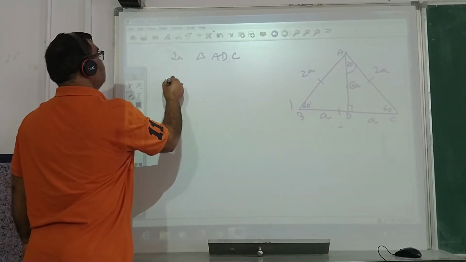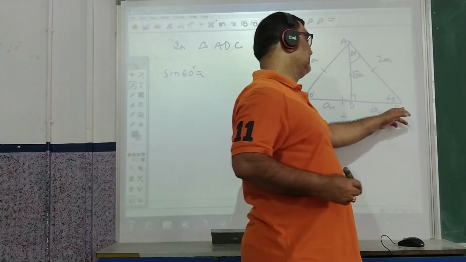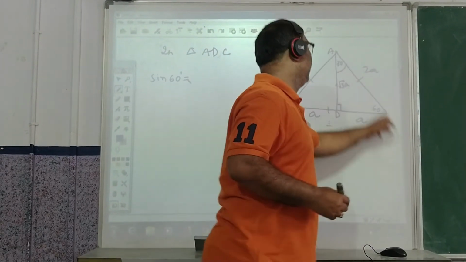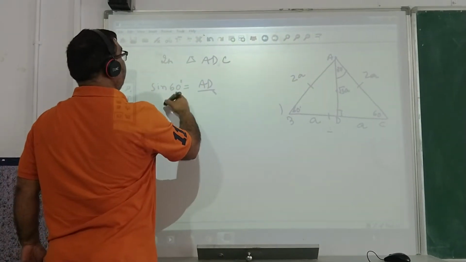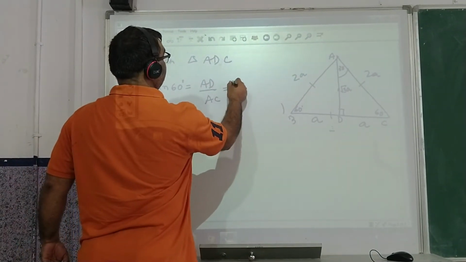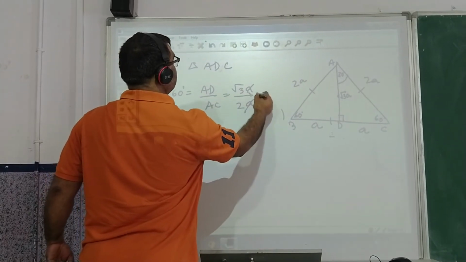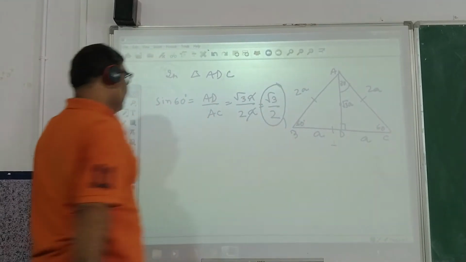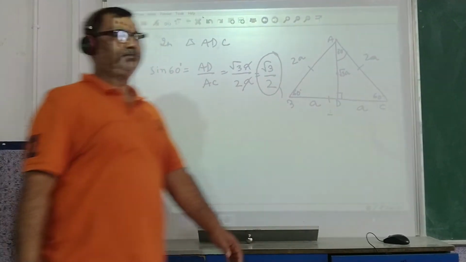So I am writing sin 60. This C is the angle of reference. So sin 60 is equal to AD by AC. AD is root 3A, AC is 2A. A cancelled. So root 3 by 2. So my dear, value for sin 60 is root 3 by 2.